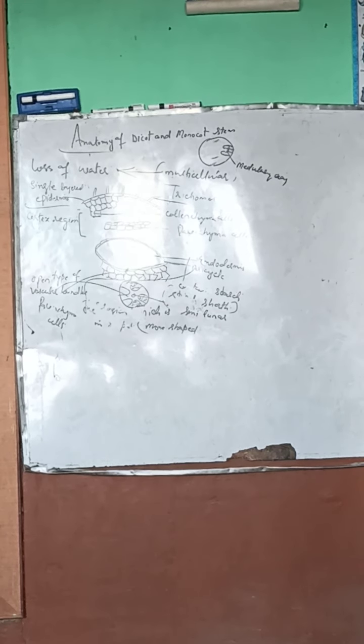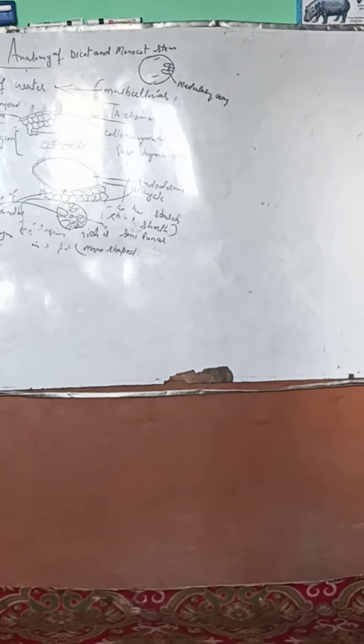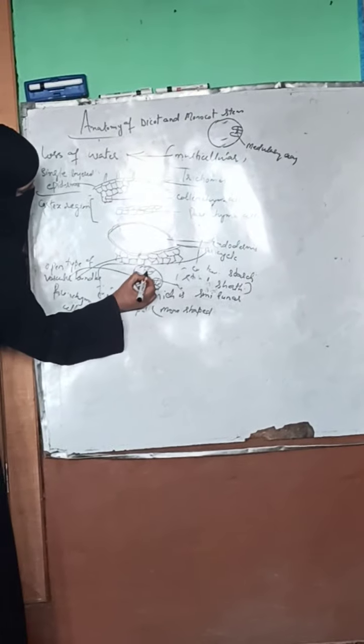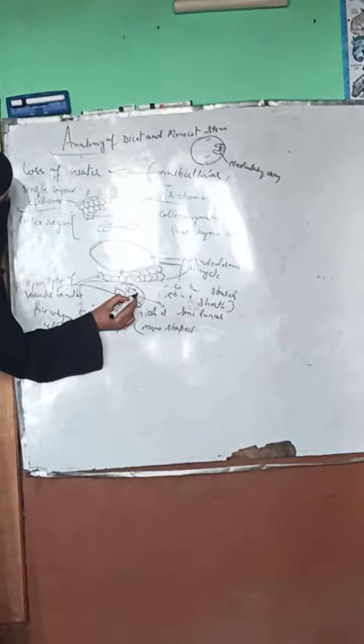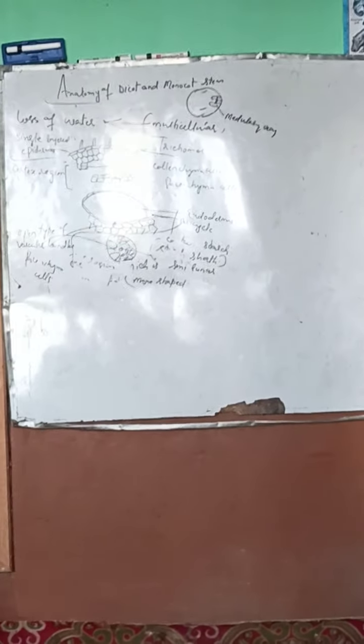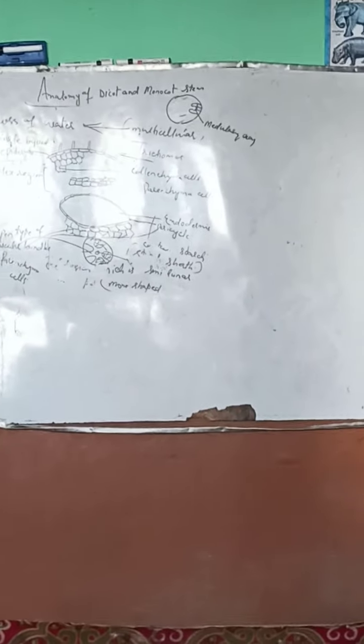We know that a ray derives from vascular cambium, which is a parenchymatous ray, and this is called a medullary ray.